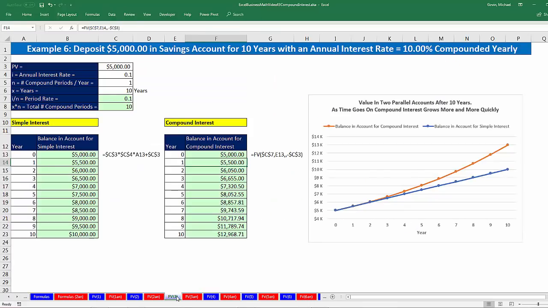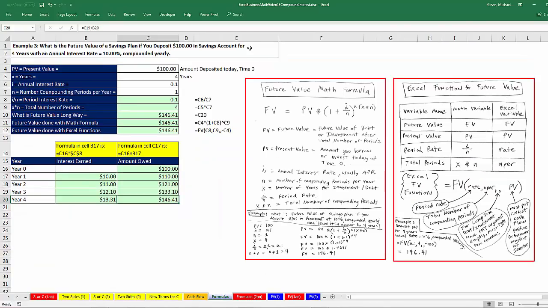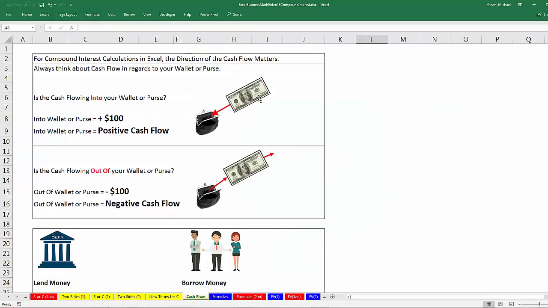We also, very importantly, on FV3, saw visually a chart that shows the power of compound interest. Back on formulas, be sure to look at those PDF notes. There are some good notes for our formulas. We talked about the importance of using the wallet purse trick to determine cash flow direction.